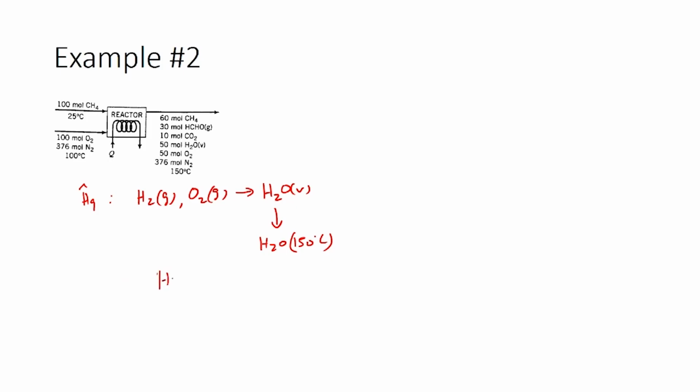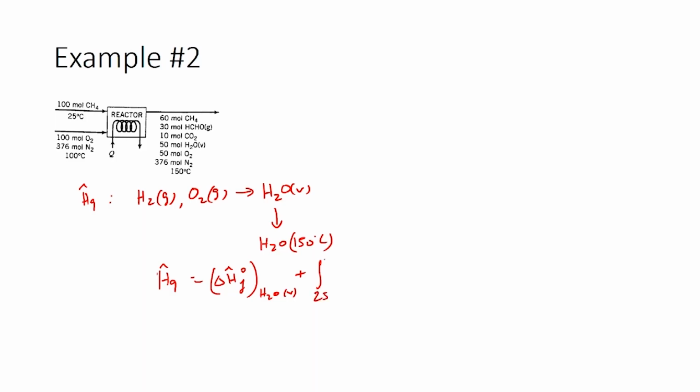So, your H9 cap would be equal to delta HF cap of water vapor plus either integral Cp dt, or you can also use the value from the enthalpy table for combustion gases.